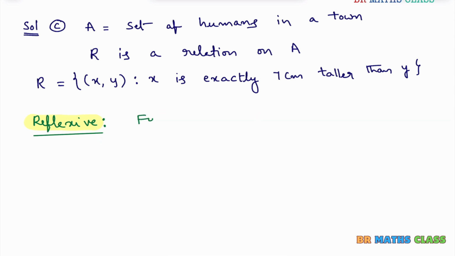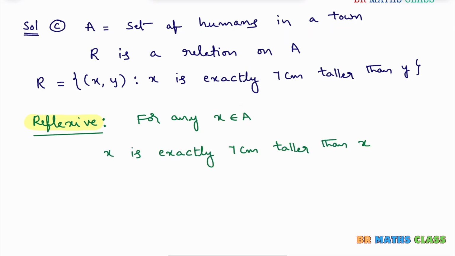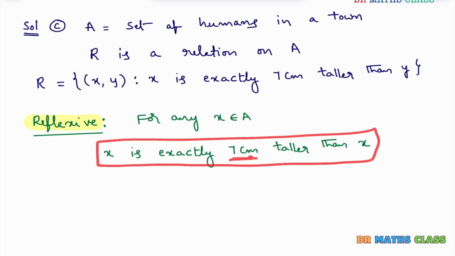Here, I'll take one x from set A. For any x in set A, I take one x from this set A. A contains all human beings. You observe what I have written here: x is exactly 7 centimeters taller than x. x is one person. Here x is also the same person. Is it possible that one person is exactly 7 centimeters taller than the same person? Suppose you have a height of 5 feet.